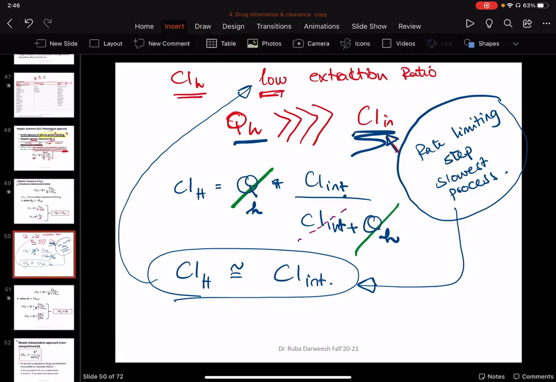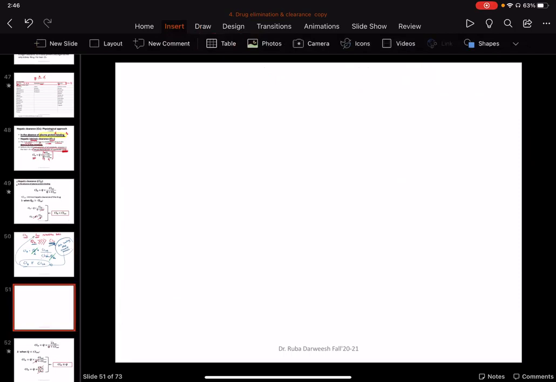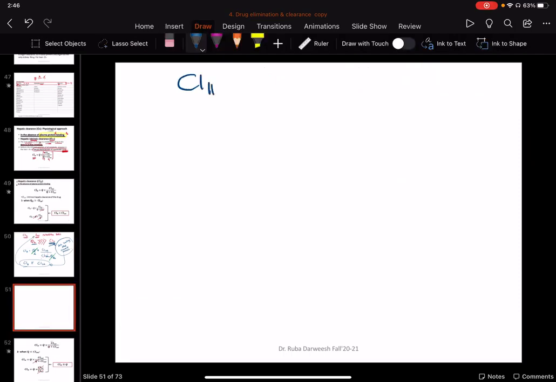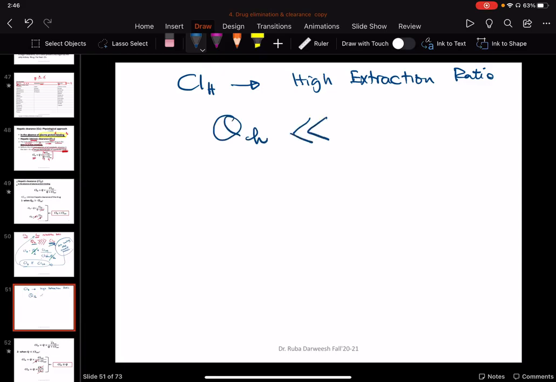If we are talking about, again, hepatic clearance in case of a high extraction ratio drug, which means that the flow of the hepatic is very low compared to the intrinsic clearance of that drug, right?